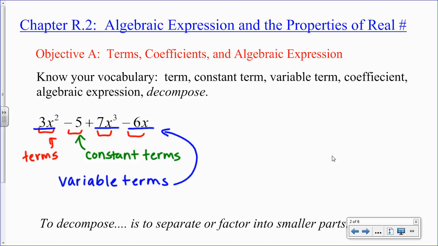What else? 7 and -6. So what are coefficients? The number in front of the variable. So sometimes the difference between constant and coefficient can get confusing. Coefficients are the numbers in front of variables. Constants are the numbers without a variable.